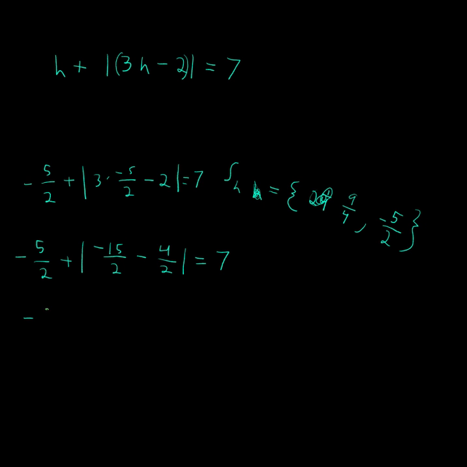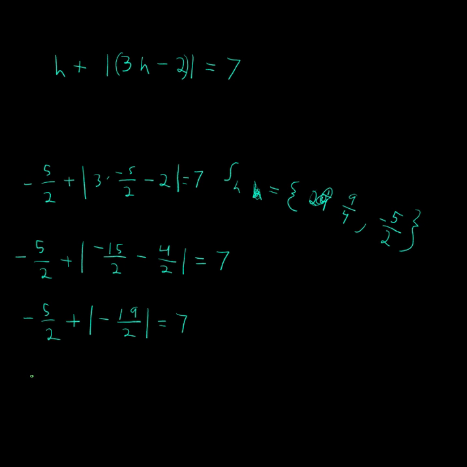Okay. Negative 5 over 2 plus, let's see here, this would be negative 19 over 2 equals 7. Now, I know this is going to be negative. I don't even need to evaluate it to just look at this and say it's going to be a negative number.